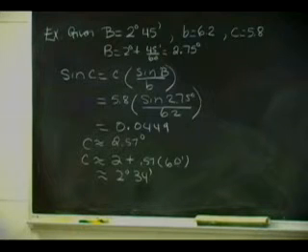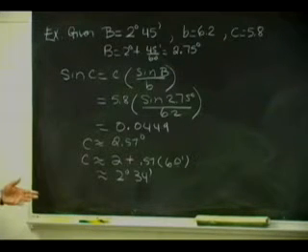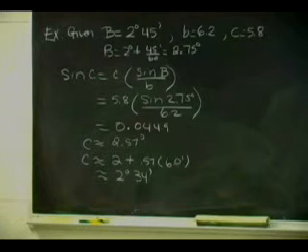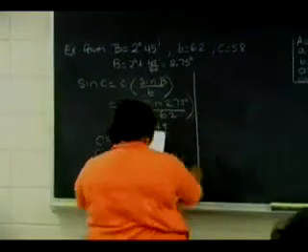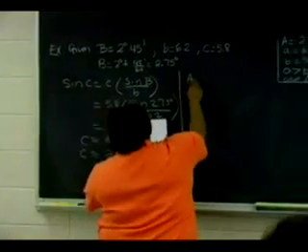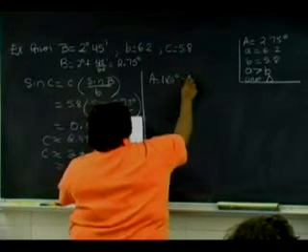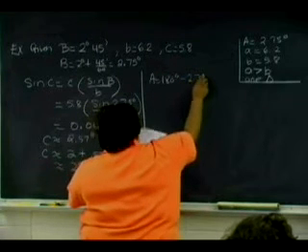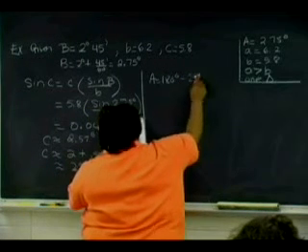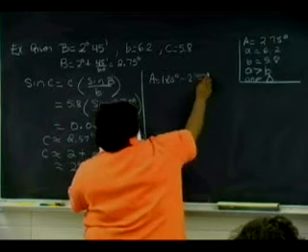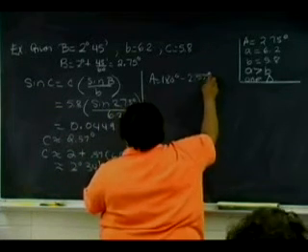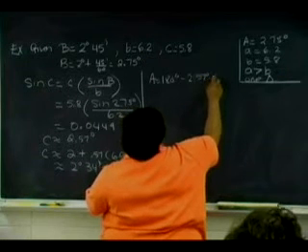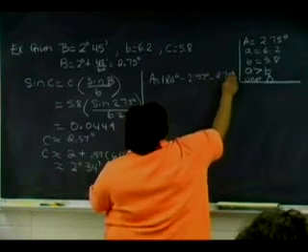Now we found big C. Now we need to find big A. Big A is 180 minus this 2.75 degrees minus this 2.57 degrees.